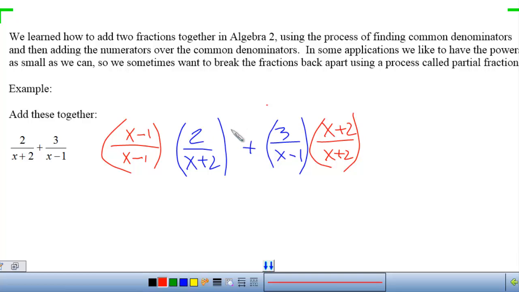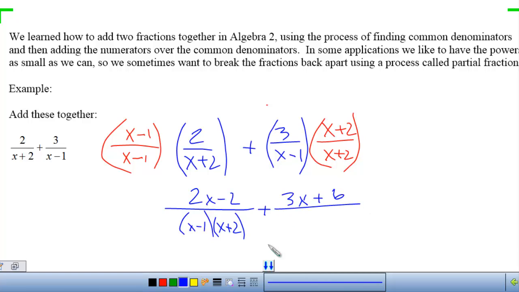So again, we do this to the top. In the top here, I have x minus 1 times 2, so that's 2x minus 2 over, and I'm just going to leave these in a factored state. So I'll have x minus 1 times x plus 2, plus 3 times this, that's 3x plus 6 over x minus 1 times x plus 2.